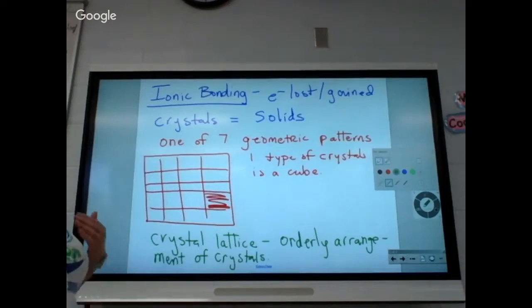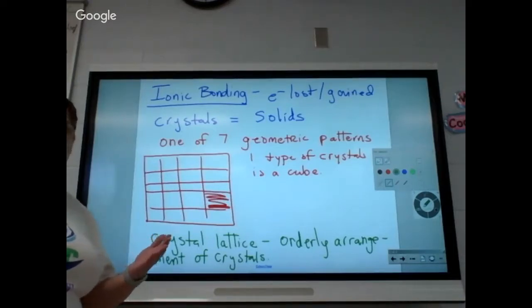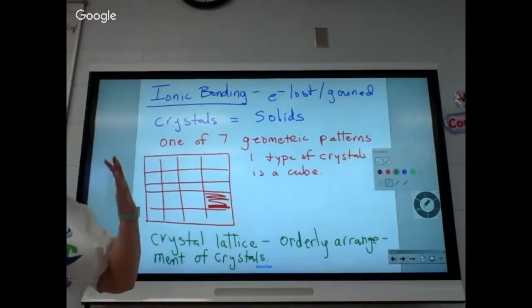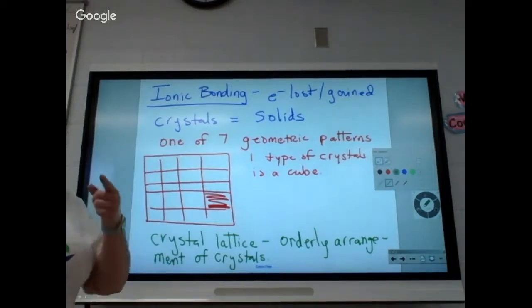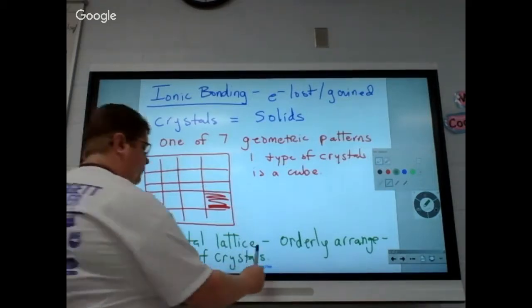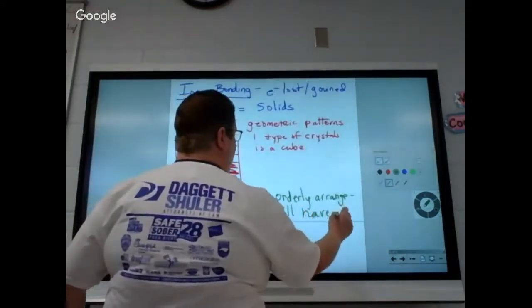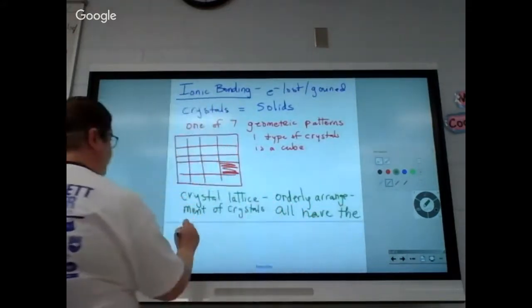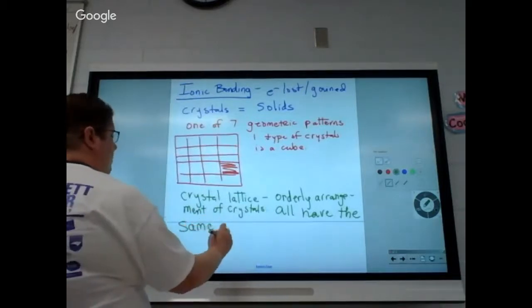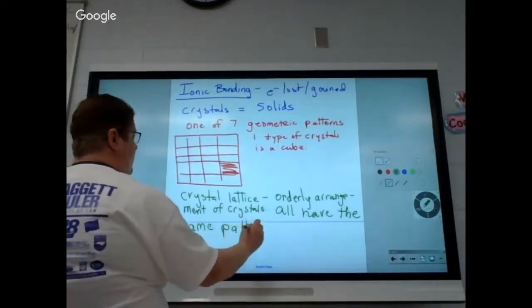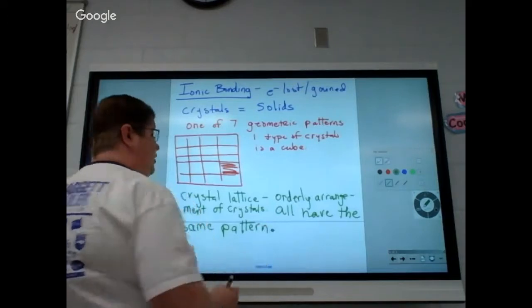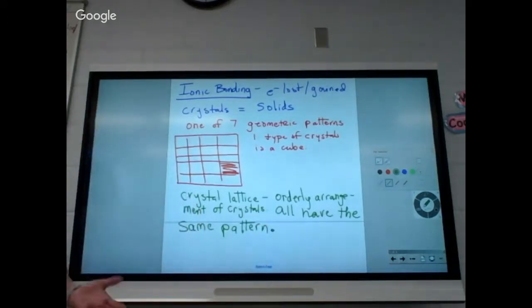Are all the different crystals going to have different types, or are they all going to fit one same pattern? The same pattern, okay? They all have the same pattern. They would repeat, which is why it's a shame y'all don't get to grow crystals anymore, because you would be able to see the repeating pattern if you actually got to grow these.